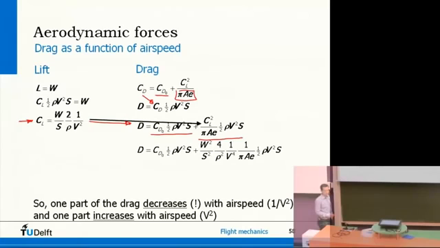The important thing to notice is that if you take C_L squared, and I take this thing here squared, I have airspeed squared on the bottom of the equation.